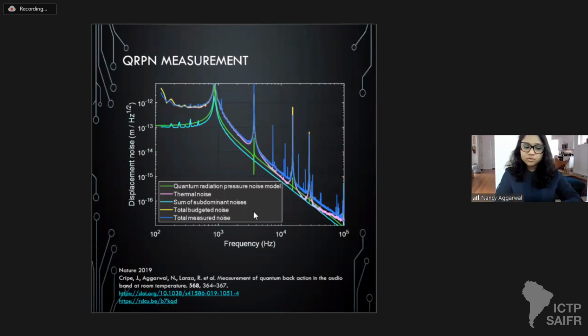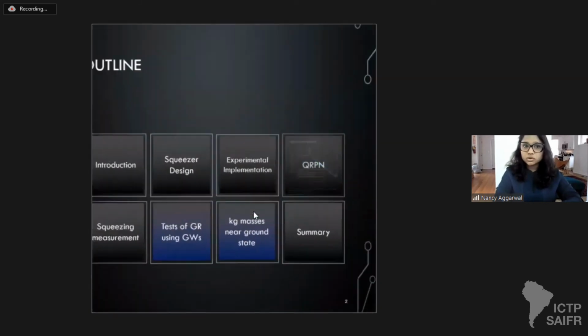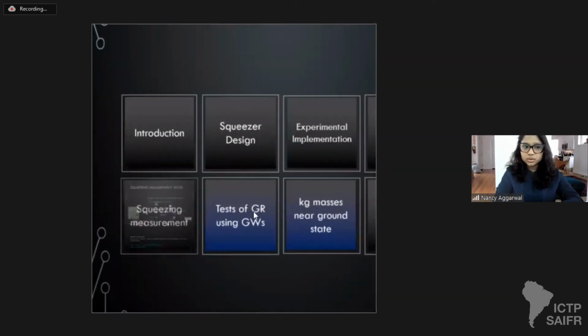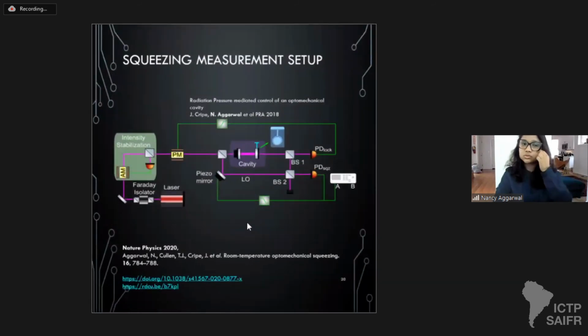Now, if you have quantum radiation pressure and we had the thermal noise that we wanted, the next question was, well, do we have squeezing? So let's try to ask whether there was squeezing in this experiment. So the squeezing setup that we made was, again, we have this optomechanical cavity here. We send it some light that's intensity stabilized.